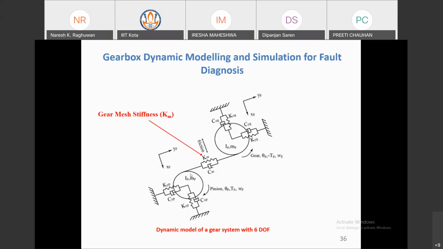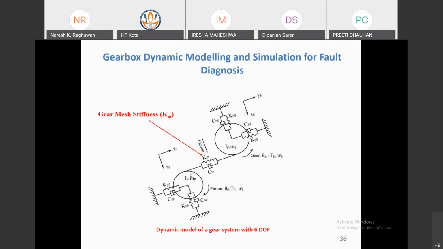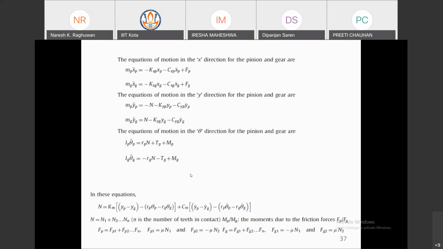So this is the dynamic model, and you write these differential equations for it. By any method you can solve for xp or yp, the displacements. After that, velocity or acceleration you can find out. Basically, this is a 6 degree of freedom single gear pair model, and these are the differential equations.